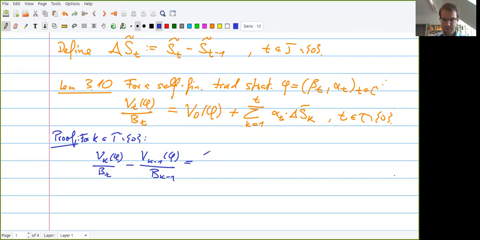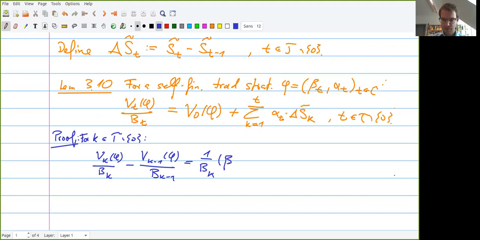well, let's plug in the definition of the value process. This is the discounting factor, and what is the definition of the value process at time k given phi?